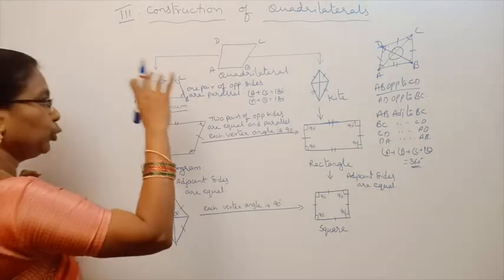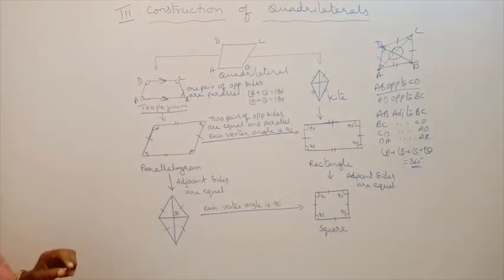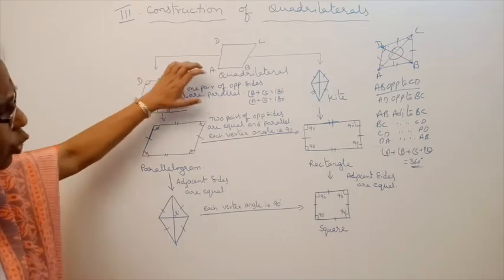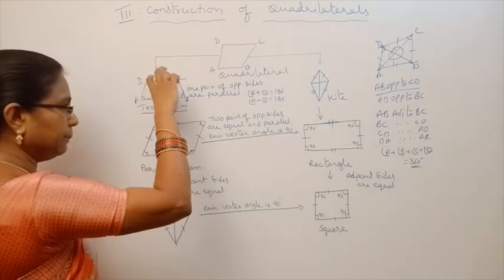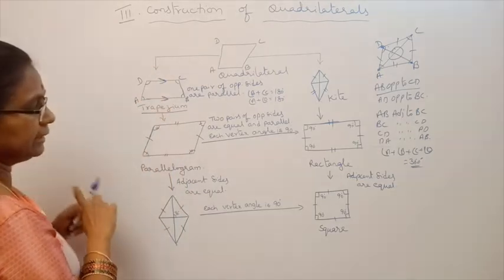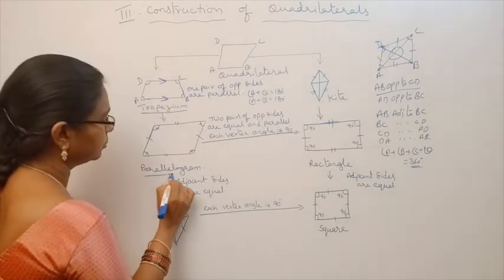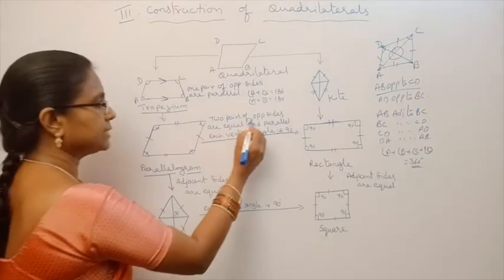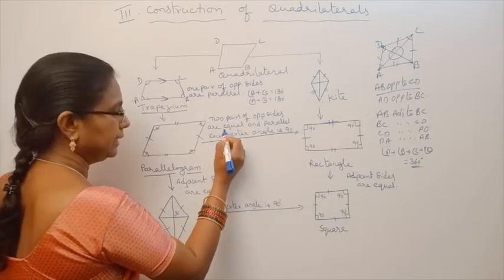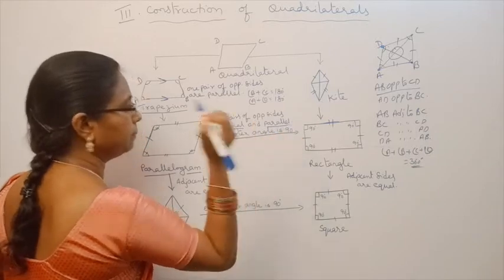Next, in a trapezium only one pair of opposite sides is parallel. If in a trapezium two pairs are parallel, that is called a parallelogram. What do we call a parallelogram? In it, two pairs of opposite sides are equal, and automatically parallel.